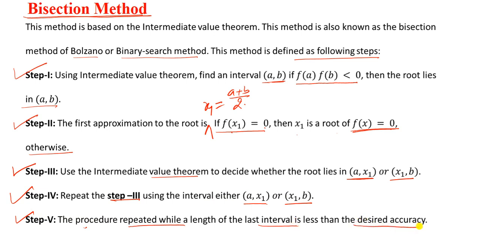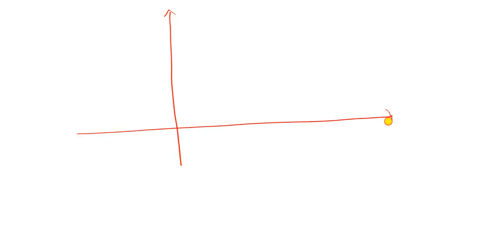Now see the graphical representation of these steps. Here this is the x-axis, this is the y-axis, and say this is a curve or function y is equal to f of x.